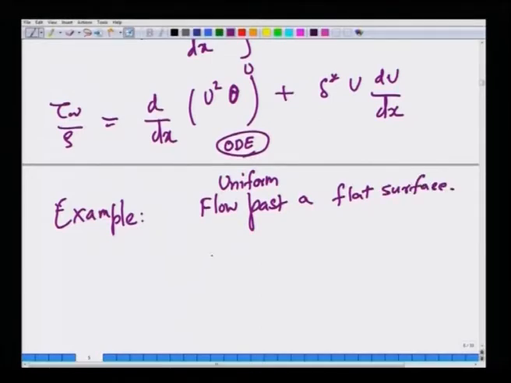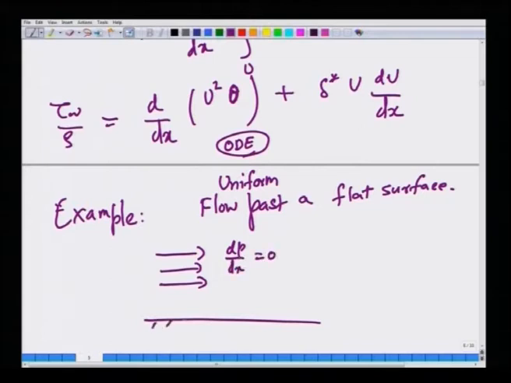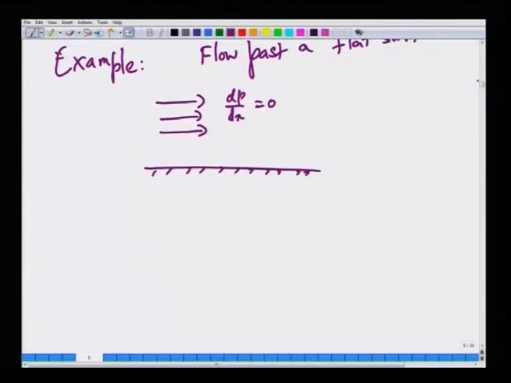Imagine that outside the boundary layer the flow is uniform, that is, no pressure gradient in the potential flow.